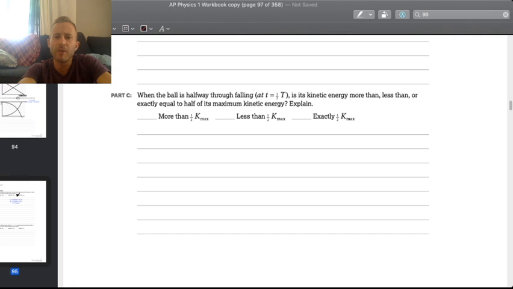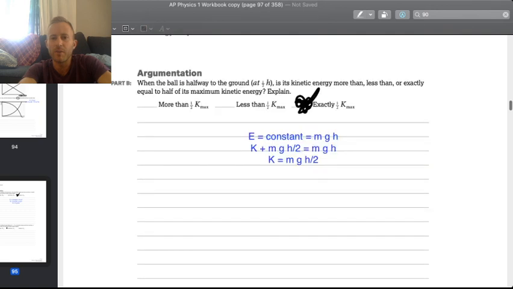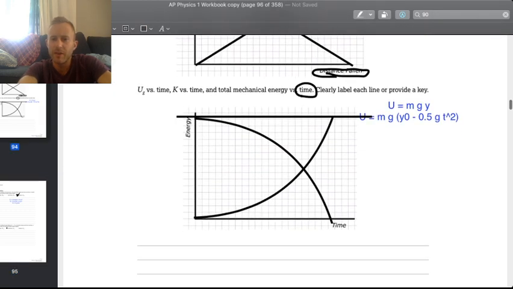When the ball is halfway through falling at time t equals 1/2, is the kinetic energy more than, less than, or equal to half of its maximum kinetic energy? I'm going to say it is less than. Now, why would I say that? Going back to my graph here, see how if we're at half time, here's half time, here's where my potential energy is. Is that more than half the energy? Yes.